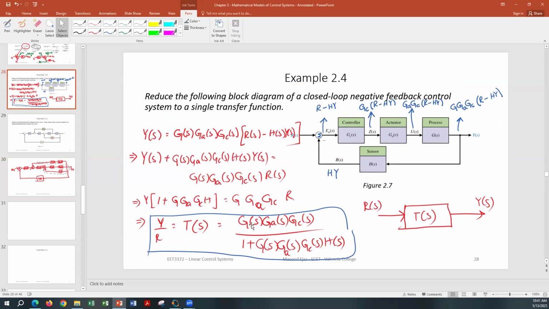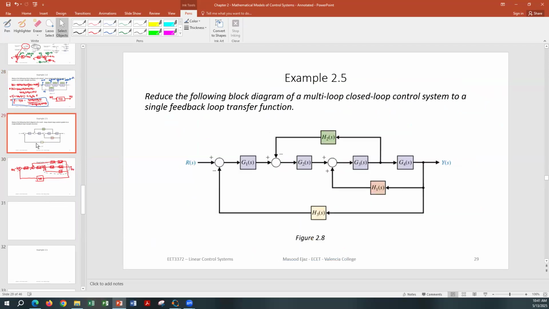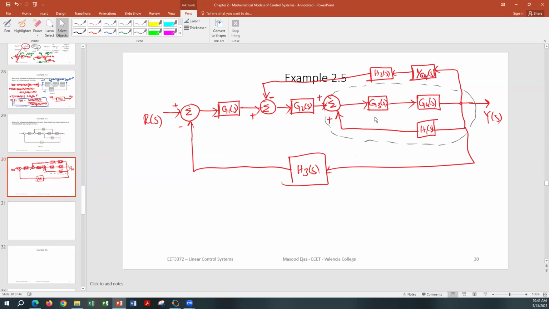And the result is going to be the combined transfer function in the numerator divided by 1 plus the combined transfer function in the numerator times the transfer function of the feedback. So it's going to be G3, G4 divided by 1 minus, since we have a plus sign over here, that's going to be minus, G3, G4 over H1.